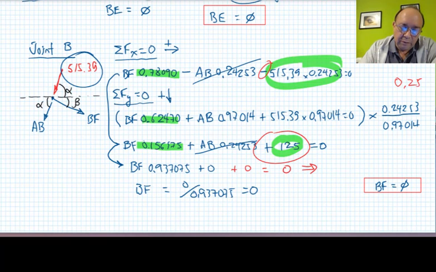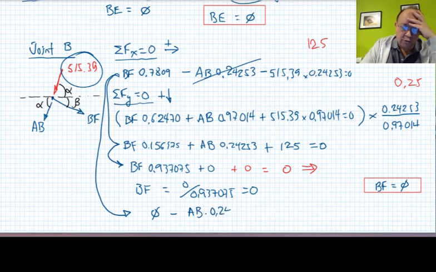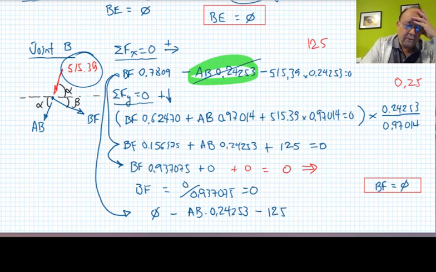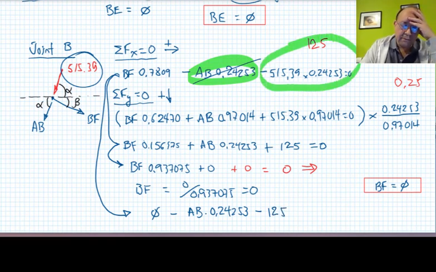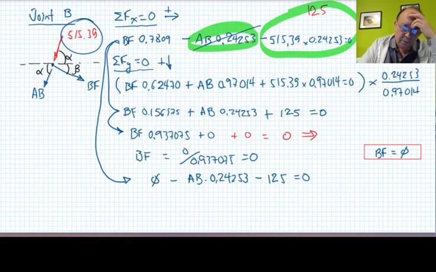Let's do some cleanup here. This is 125. Again, from this equation, BF is 0 minus AB times 0.24253. This one here, minus 125. This one right here equals to 0. So this goes to the other side, a positive.